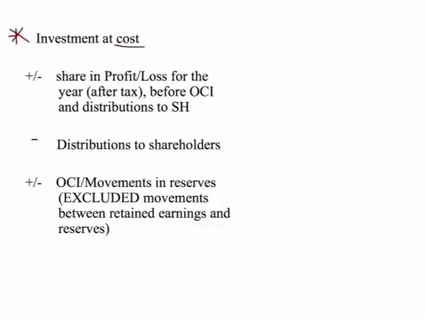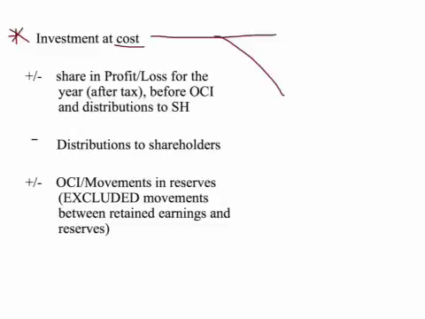Now, that cost amount is what you've paid for the investment, but it consists of two components. In a separate video clip, we'll look at the acquisition analysis that is done when making an investment in an associate. But that cost consists of two elements.